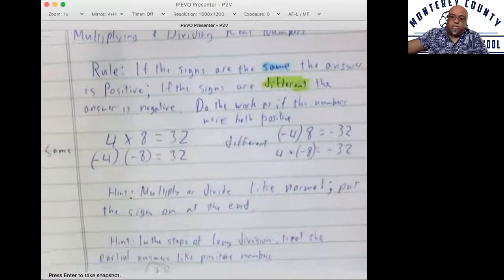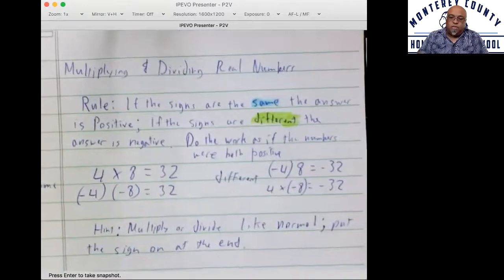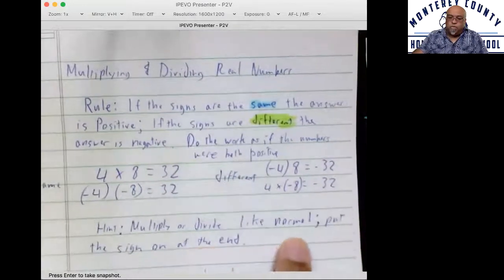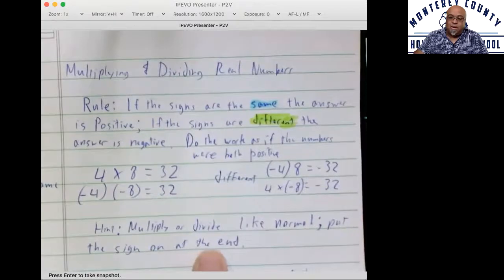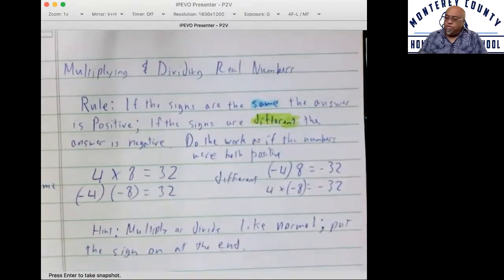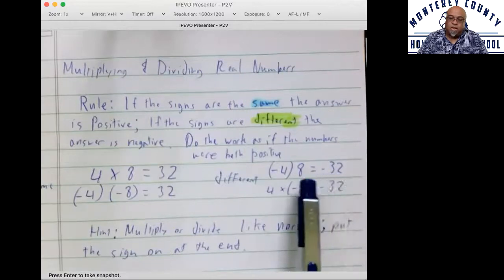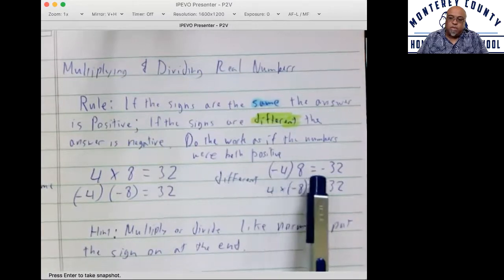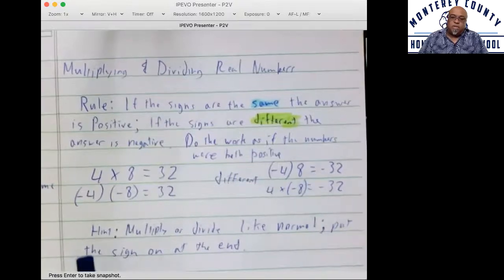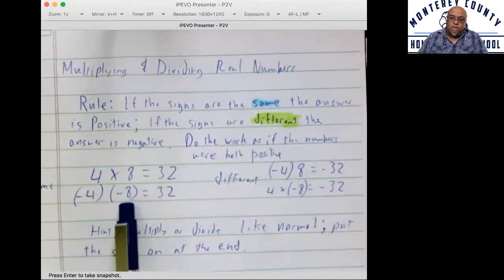So just like I said before, listen to the hint: multiply or divide like normal with the sign on at the end. In other words, I see 4 and 8 is 32. Since one of them is negative, I put the negative sign on. But in this case, I have negative 4 and negative 8.